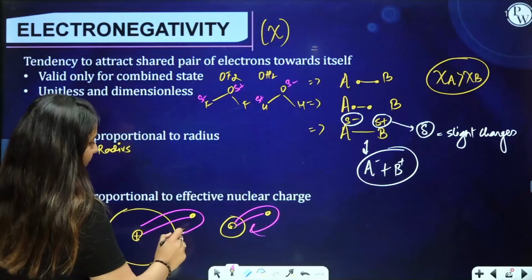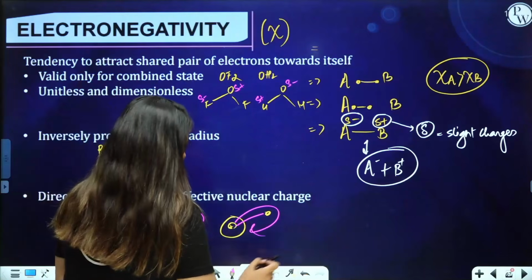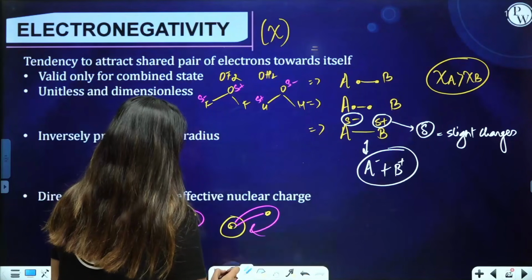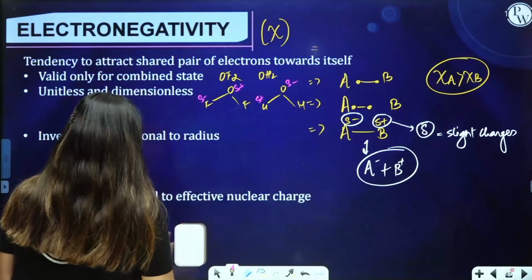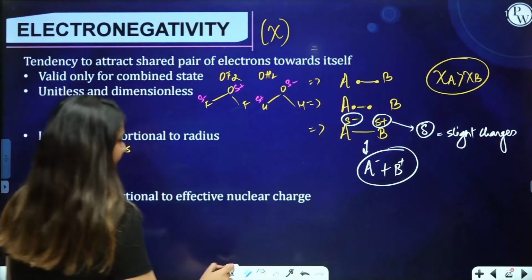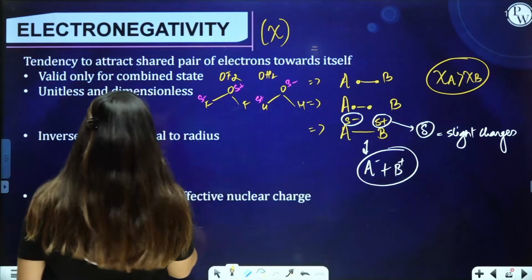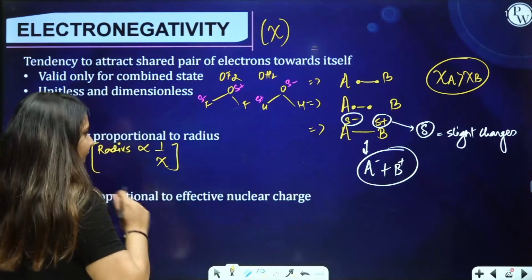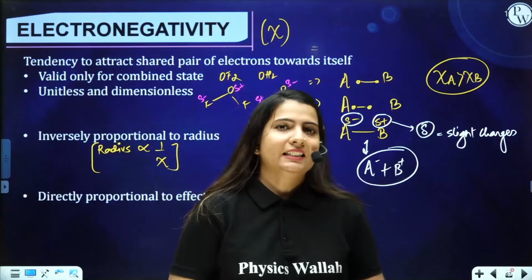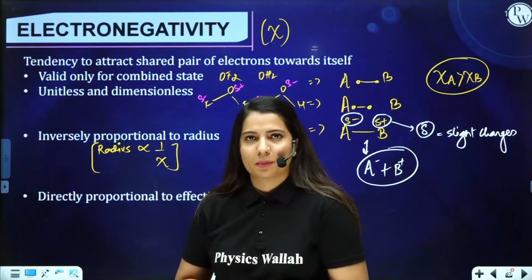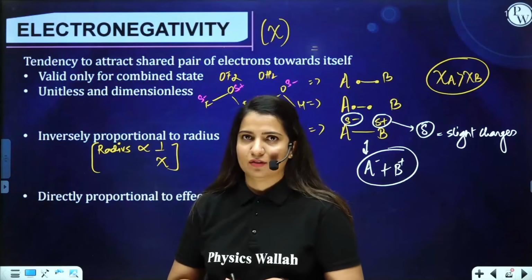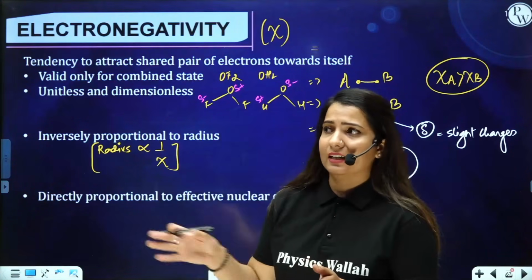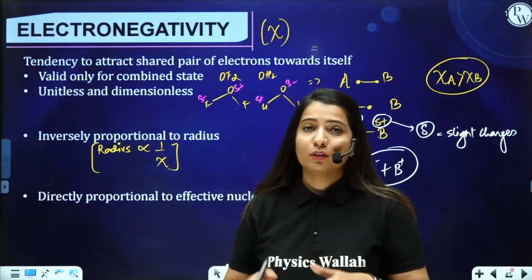So understand that the smaller the size, the greater the electronegativity. Radius more, electronegativity less. The greater the size, the less the tendency to attract the shared pair of electrons towards itself, because the distance between the nucleus and that electron will increase, and the hold will decrease.